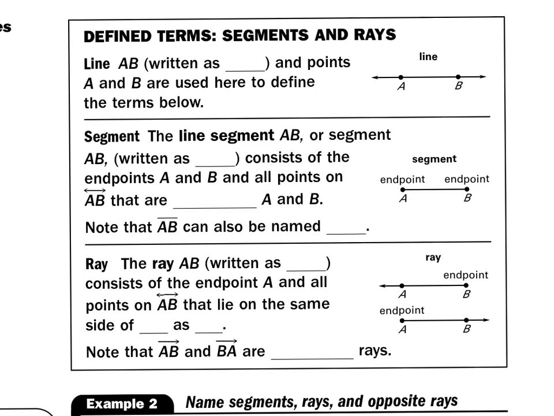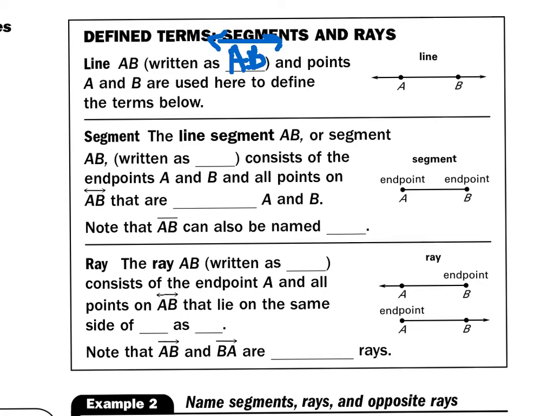Let's talk about segments and rays. Line AB, which we can write as AB with an arrow over it. And points A and B are used here to define the terms below.